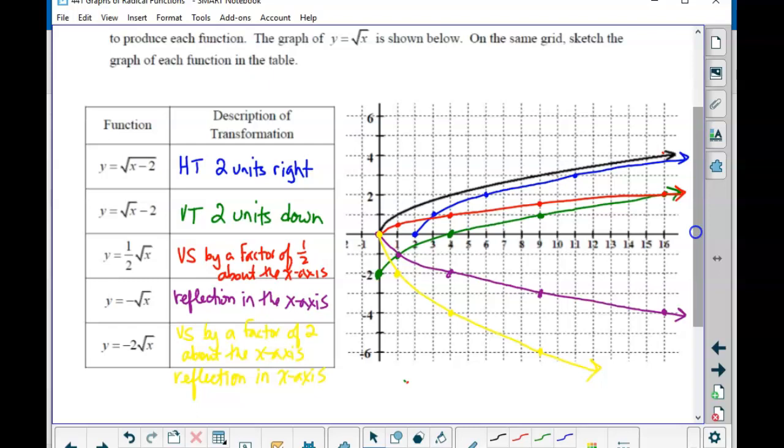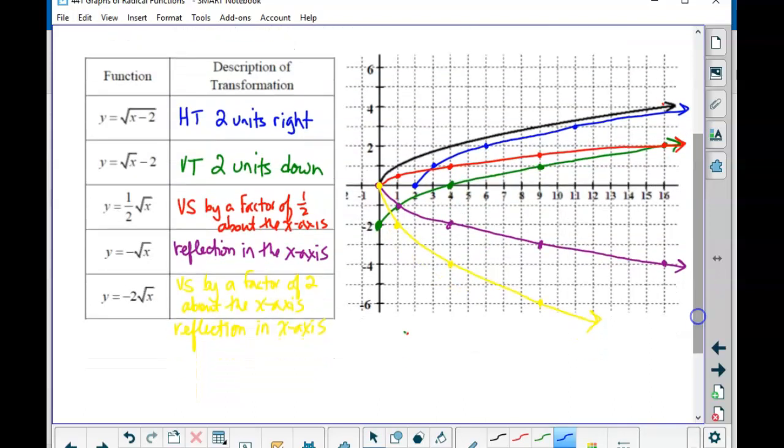Now, we didn't do any horizontal stretches, but really think about if I gave you y equals square root of 4x, that is a horizontal stretch by 1/4 when it's inside. We haven't done a whole lot of horizontal stretches, but that's the same as 2 root x.